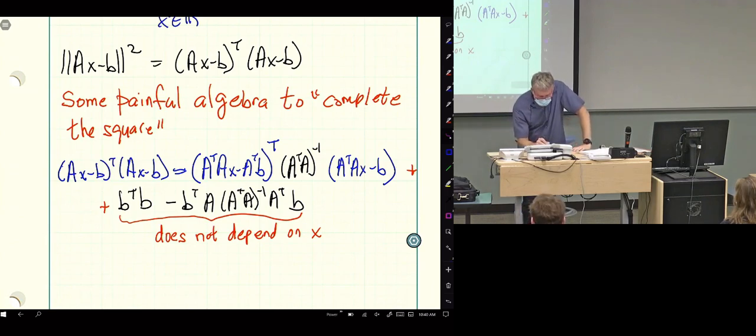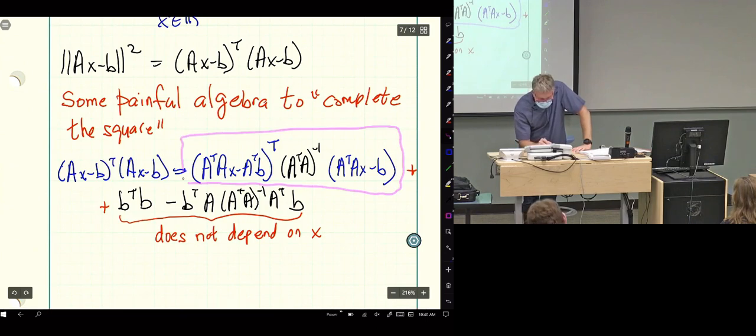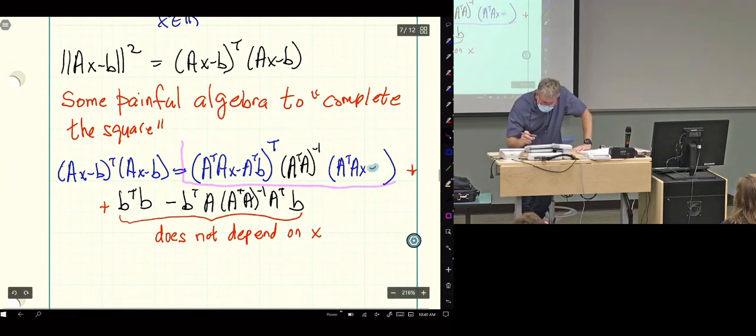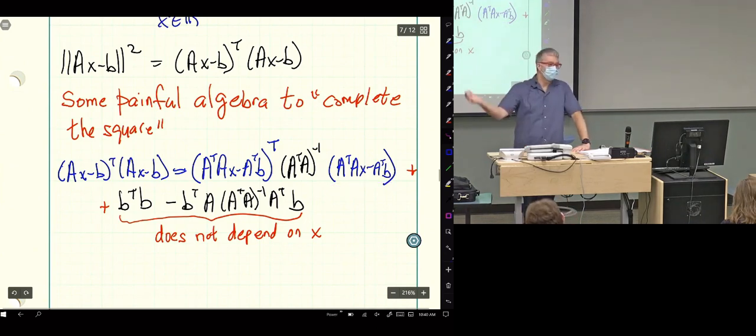So you look at this part and you see how to choose x to make this part as small as possible. Well, oh, I left out an A transpose. Look, if I can set this to 0, I made that part as small as possible, okay?